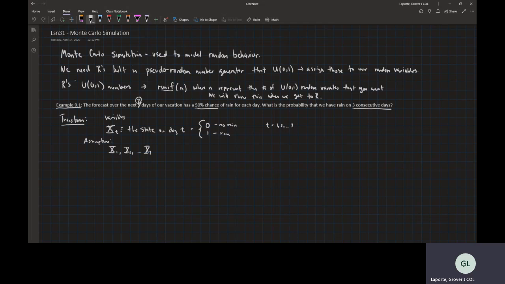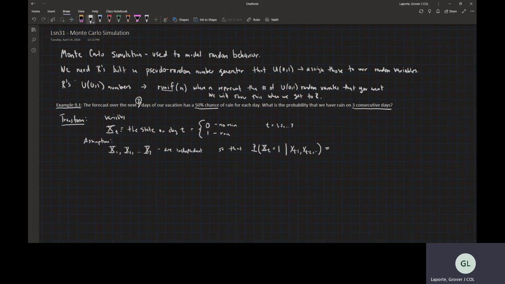So I have 7 random things that are going to occur, and that means this probability: the probability that X sub t is equal to 1 given X of t minus 1, X of t minus 2, dot, dot, dot, because it can go back in time as far as you want to. But what we're saying is they're all independent.